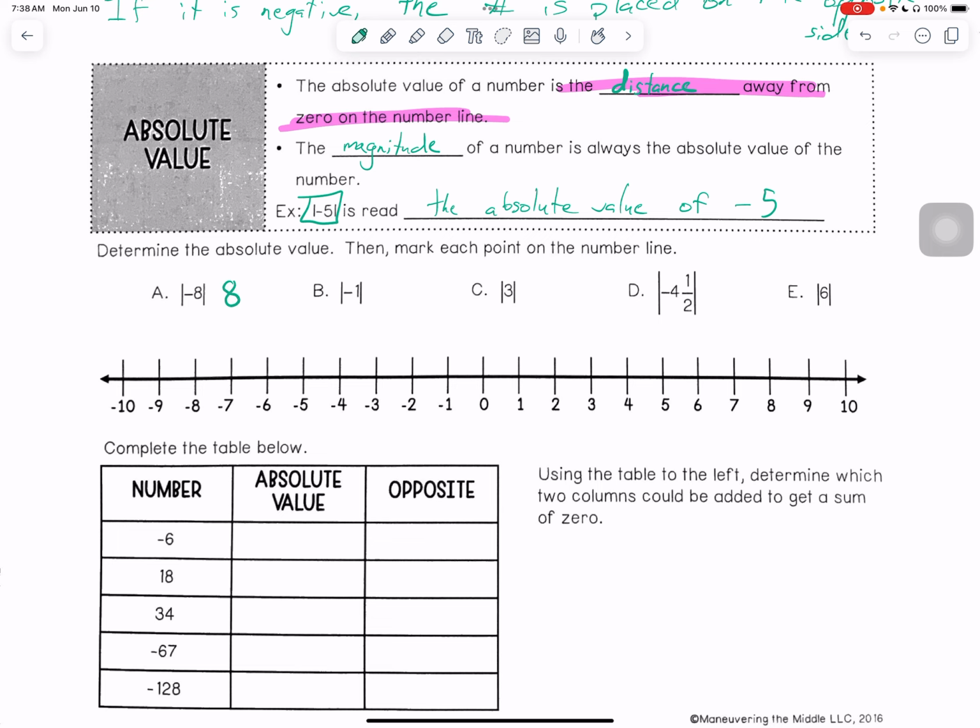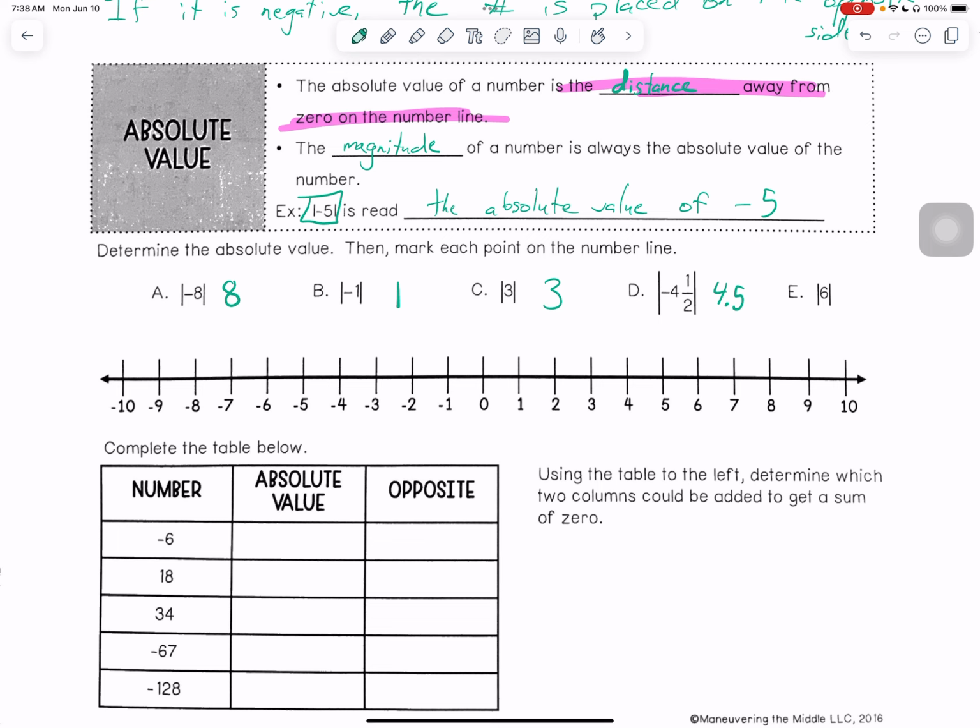For -8, it's 8 away. B is -1, so for -1, it is 1 away from 0. For +3, it's obviously going to be 3 away from 0. -4.5, what's the distance from 0 for the absolute value of -4.5? Well, it is positive 4.5 spaces. You can't have a negative distance.